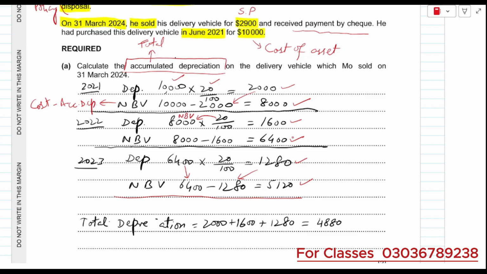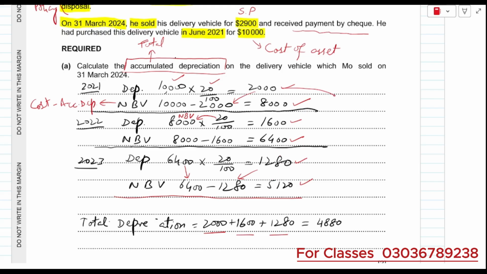But here we have done only the calculation of depreciation and net book value for each separate year. Accumulated depreciation is left for one step. Total depreciation or accumulated depreciation will be 2000 plus 1600 plus 1280. Where are these values coming from?